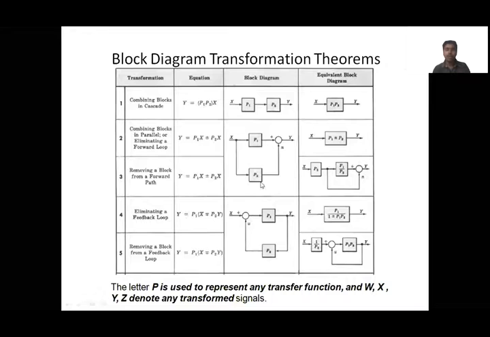When these two are connected in parallel, the simplified version is the sum of these two. Also we can represent it this way. If we want to make the second input signal of the feedback system 1, you can also make it like this. And if you want to eliminate the feedback, we can make it a single block like this.